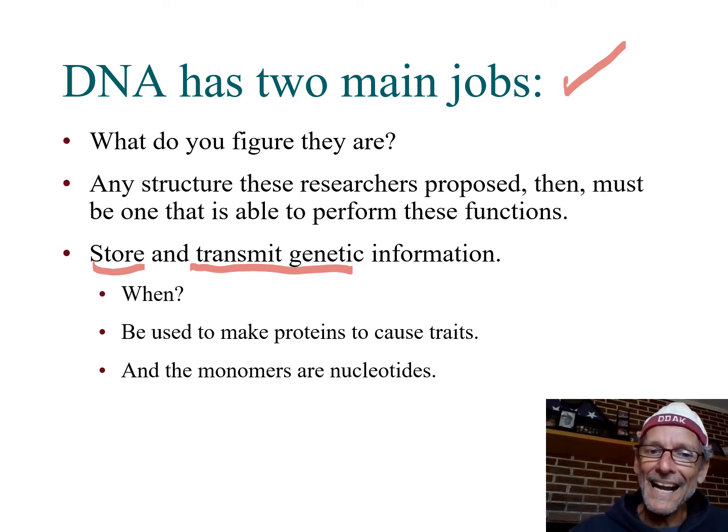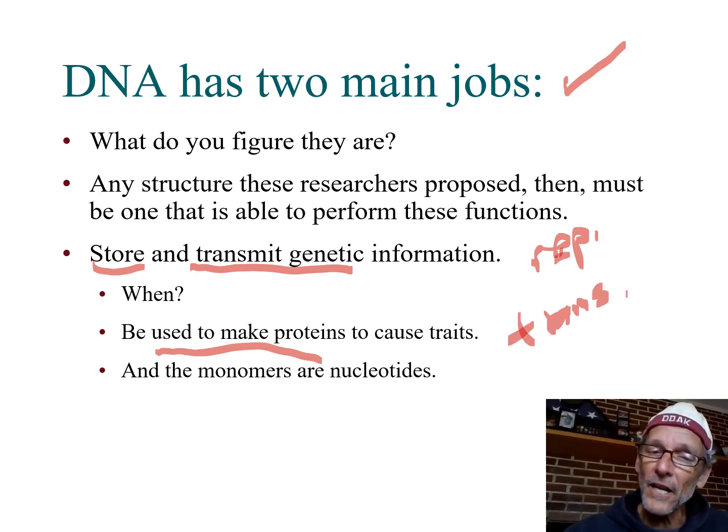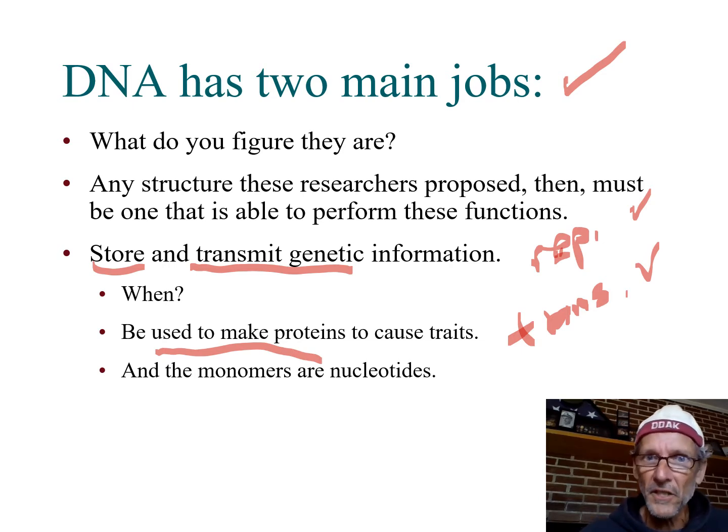And its second job is to be used to make those proteins. So this is about replication. This is about transcription, but the details of both of those are in Unit 6. But like anything else, these functional things are due to the structural aspect of the molecule, and that's what this focuses on most. Okay, so this will be quick because hopefully this is old news.